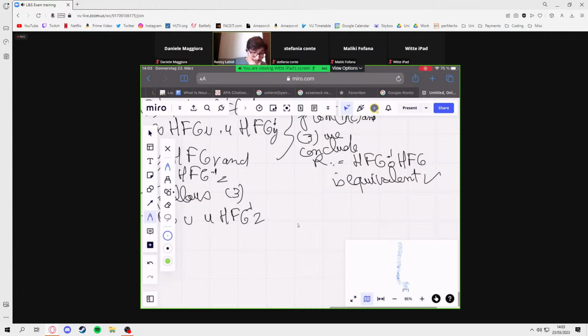And now they ask us to describe in words what the partition into equivalence classes induced by R looks like. So they want us to basically create the partitions that they have, the classes they have in common and how they differ from elements in a different equivalence class.